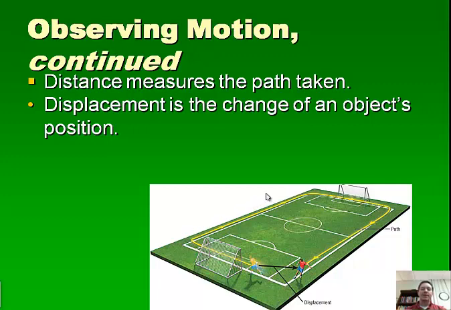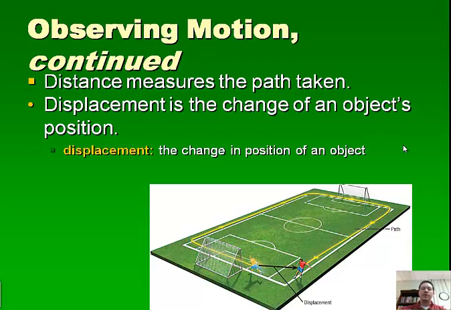So this yellow path is the individual's distance, and then the black line is the displacement of the individual, how far they were at the end of their run from the beginning of their run.